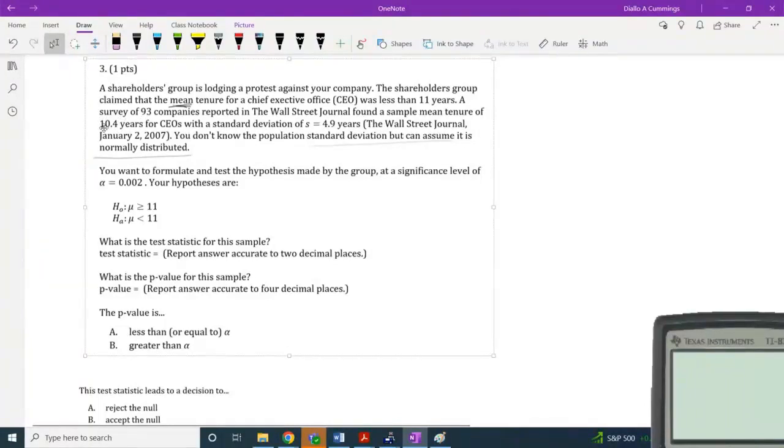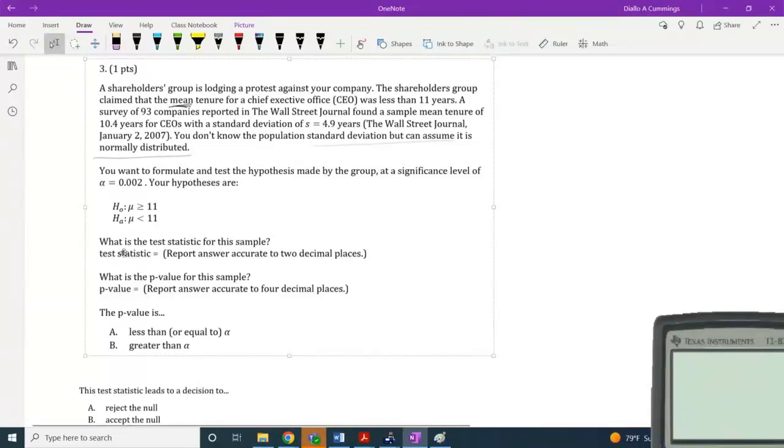So keep that in mind. They also found that the standard deviation from those 93 companies was 4.9. They did not know the population standard deviation, but it was normally distributed. So when you write out your null hypothesis, you're going to use the guess mean, not the actual mean found in the sample, because when we put this into our calculator, it's going to ask for those 2 means.